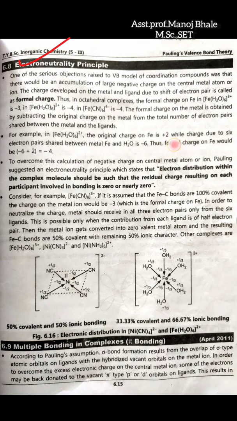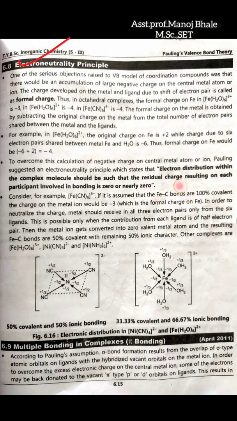So the original charge on the iron is +2, while the charge due to 6 electron pairs shared by the metal and water is -6. So -6 and the charge on it is +2. So -6 + 2 is -4. So that means we can easily calculate the formal charge. So this is about the calculation of the formal charge.